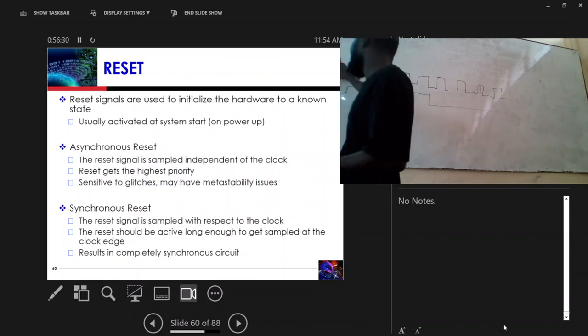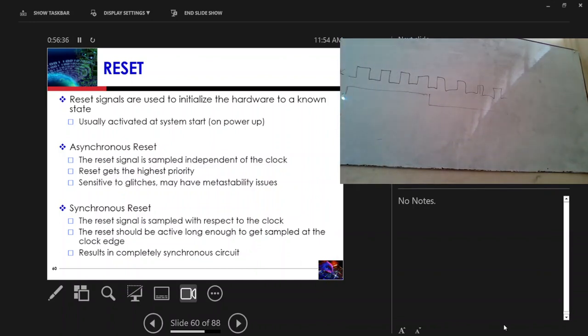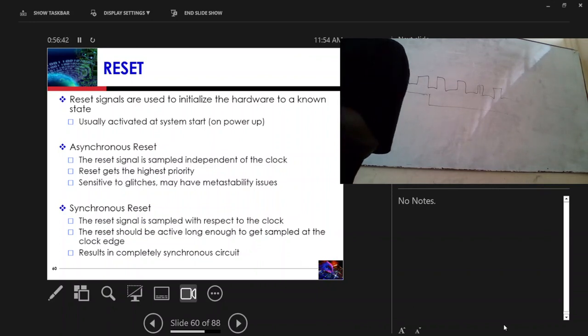We always have a clock in the system, and we always have a reset. The reset just means that if you have the board, there are always some push buttons. So if a person presses, let's say, the reset button, then the entire thing will reset, right?